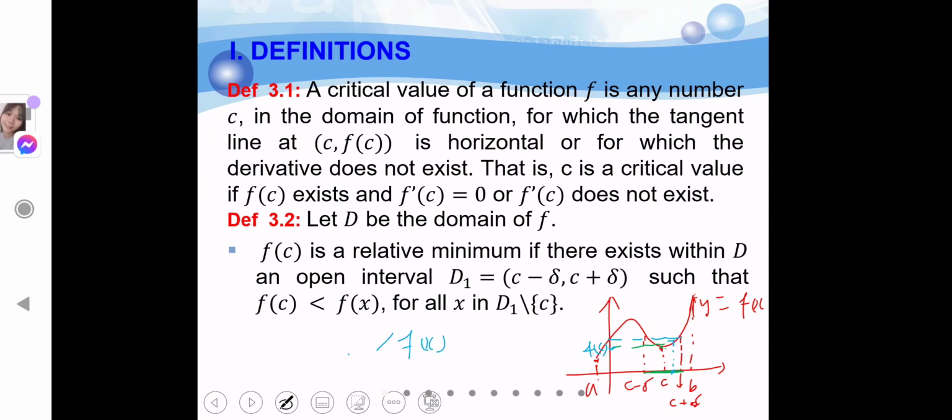We say that f(c) is a relative minimum value of the given function.